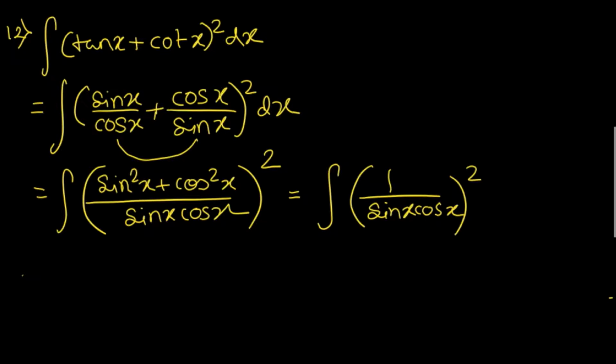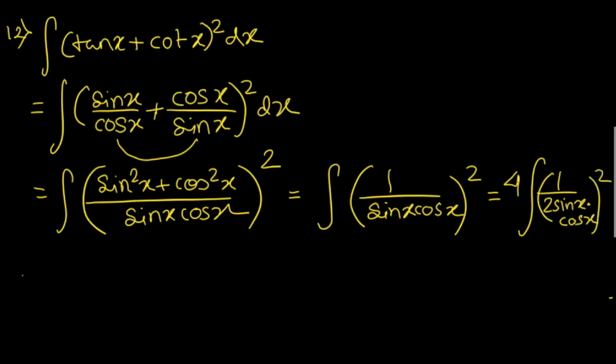So what we get, if you observe it properly, you can get a formula. If we adjust with 4, then we can easily write 2 sin x into cos x whole square.